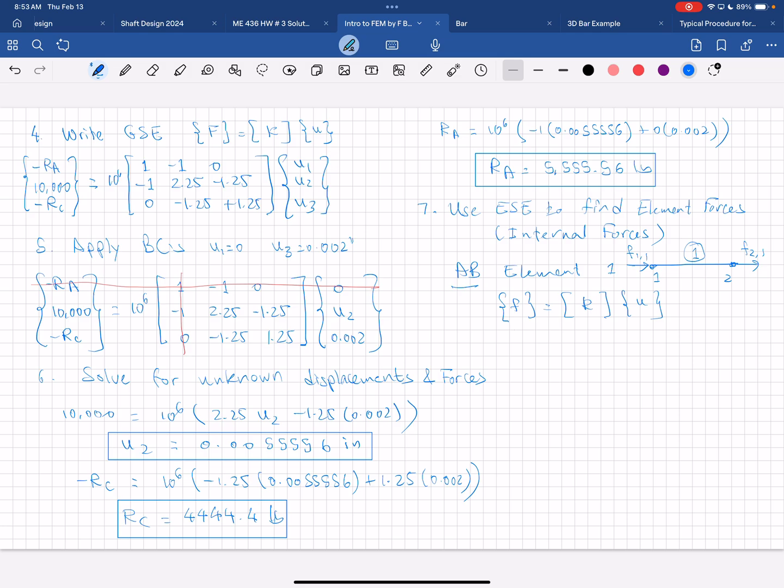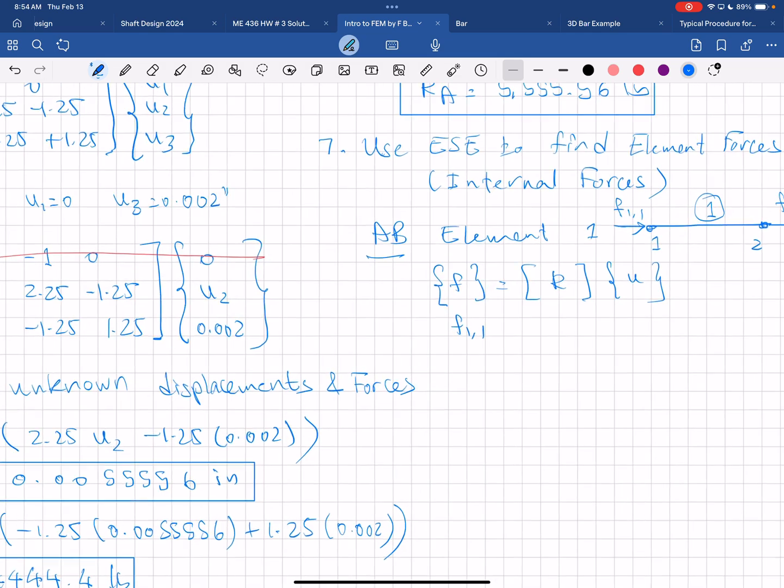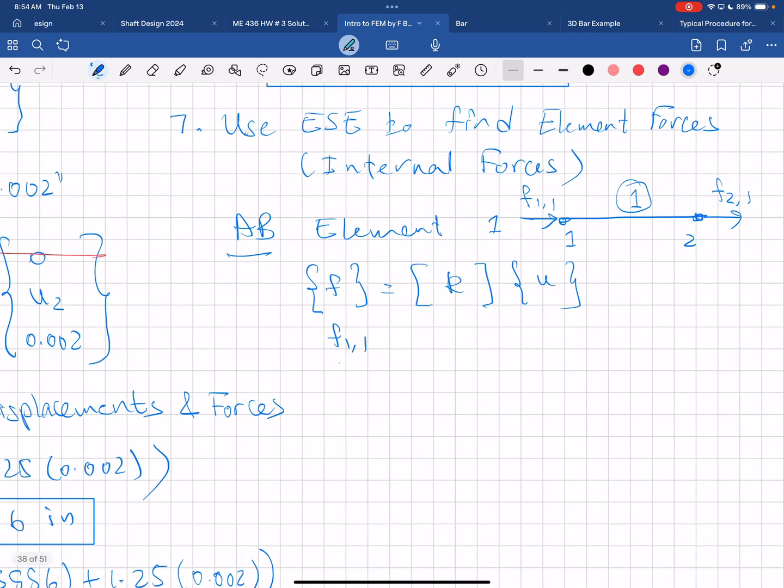So when I expand the element stiffness equation, I'm going to have F11 and F12 equal to 10 to the power 6 multiplied by the matrix 1, minus 1, minus 1, and 1.